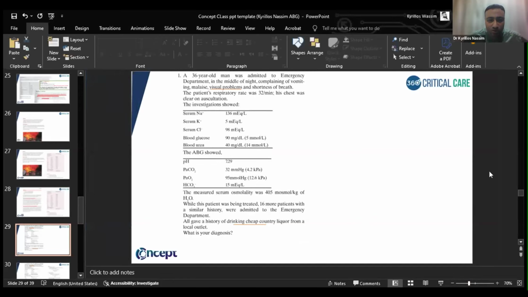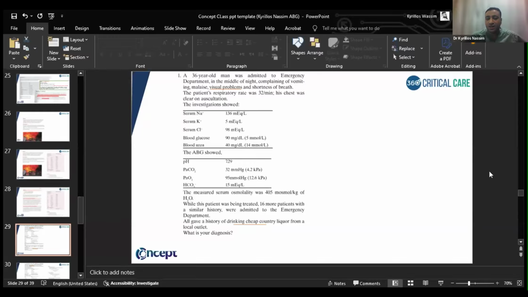A 36-year-old man is admitted to the ER in the middle of the night, complaining of vomiting, malaise, visual problems, and shortness of breath. The patient's respiratory rate is 32 and the chest is clear on auscultation. The investigations show electrolytes and an ABG, and the measured serum osmolarity was 45.